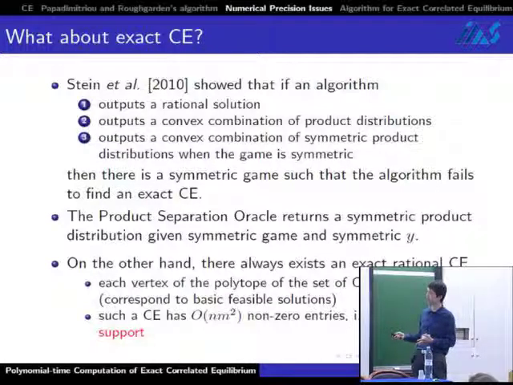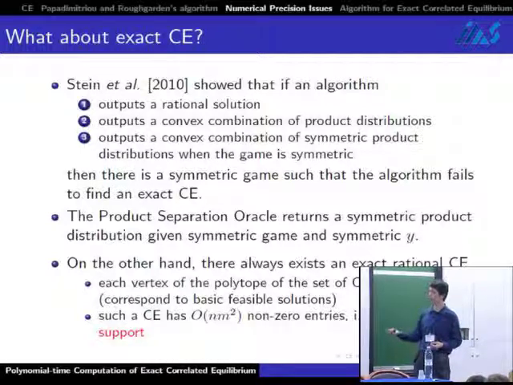But on the other hand, we know that there exists an exact rational correlated equilibrium given a game with rational inputs. This is because the set of CE is defined by a set of rational linear constraints, and if we just pick a vertex of the resulting polytope, then that must be rational.